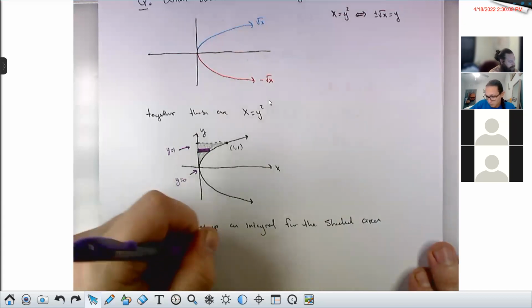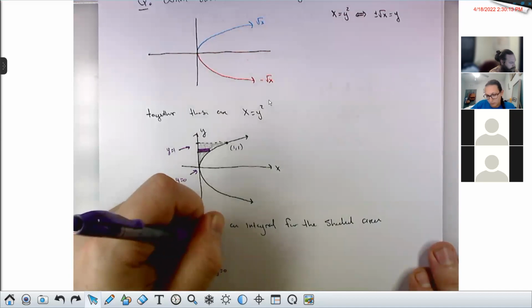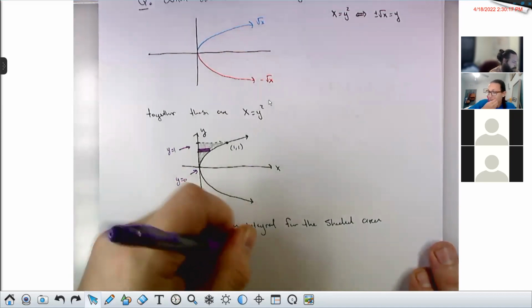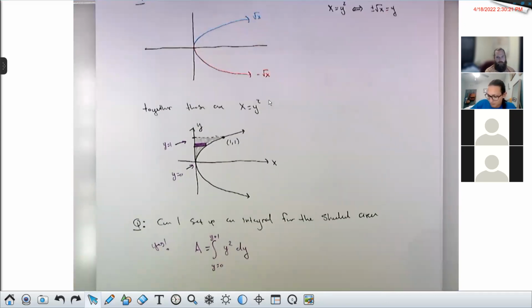The area there would be the integral from y equals 0 to y equals 1 of y squared dy. See, it's the same as the integral from 0 to 1 of x squared dx. It's the same thing. It's just turned sideways, right?